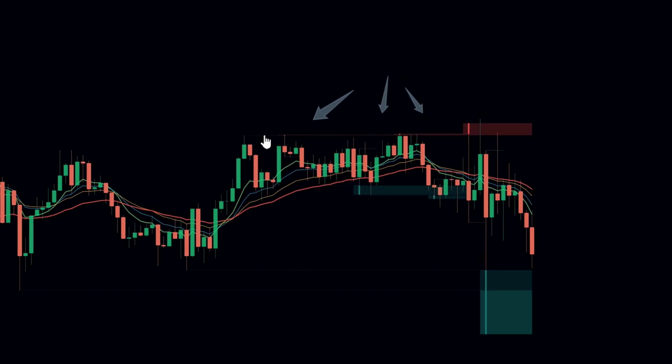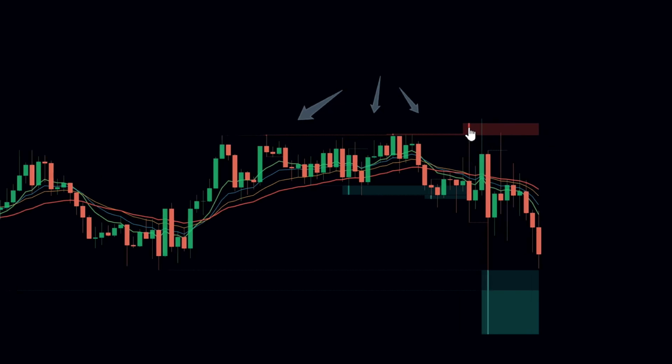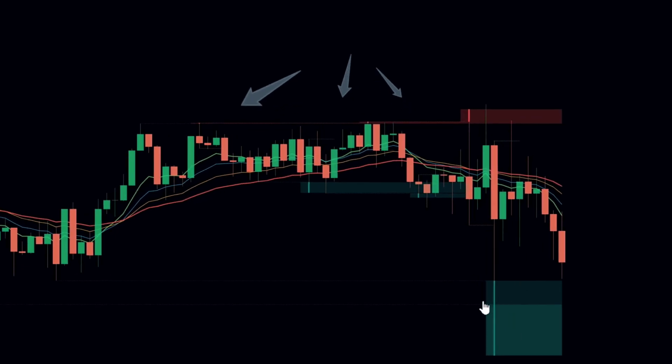When price breaks above this level, traders expect it to continue rising, but sometimes it just fakes them out and drops. That's called a liquidity sweep. A valid sweep usually happens fast, within a single candlestick, and is marked by a single wick.